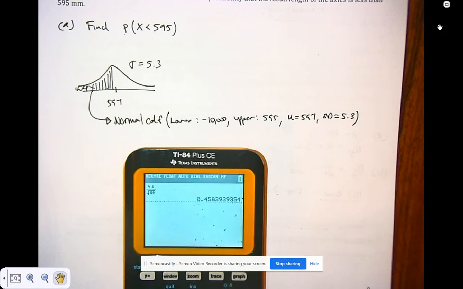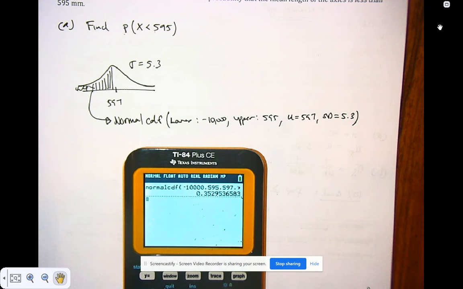You guys nailed this, right? This is all old stuff. You go in here and you can hit distribution normal, cumulative from a negative small number up to 595 with a mean of 597 and a standard deviation of 5.3.